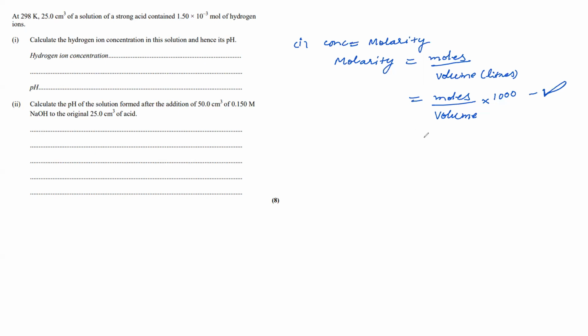So let us put the values. How many moles of H positive are there? See here, you have 1.5 into 10 to the power negative 3 moles of hydrogen ions. So let us put here 1.5 into 10 to the power negative 3. And what is the volume? The volume is 25 ml or 25 centimeter cube, times 1000.